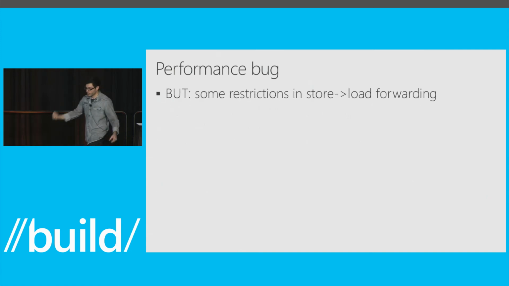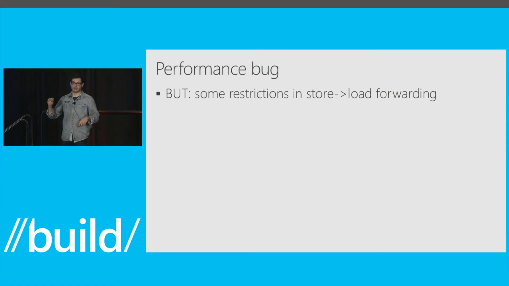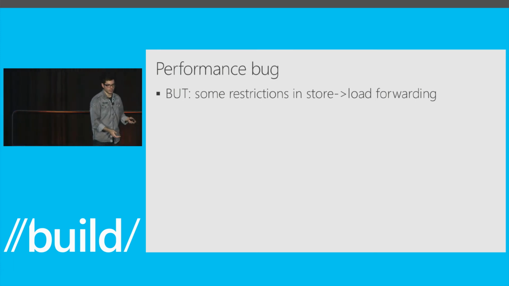But there are some restrictions in what you can do for that store to load forwarding. So for example, if you've got a collection of small stores, like let's say you've got 4 consecutive 1-byte stores, and then you've got a 4-byte load that's supposed to overlap all of those stores, that does not get forwarded. The logic of doing that in hardware is just, I guess they just don't do it, and that's going to cause a store buffer stall.